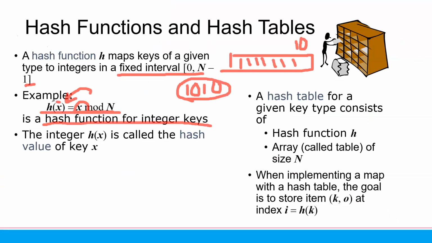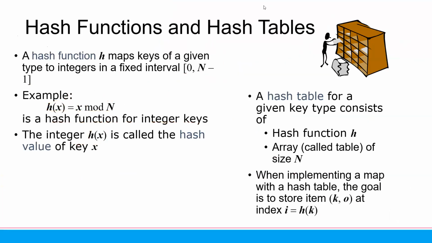So we can determine the key, which is h(x), and the way to determine it is to take this number mod n, so we get the remainder value. The result from this function is an integer, and this is called the hash value.